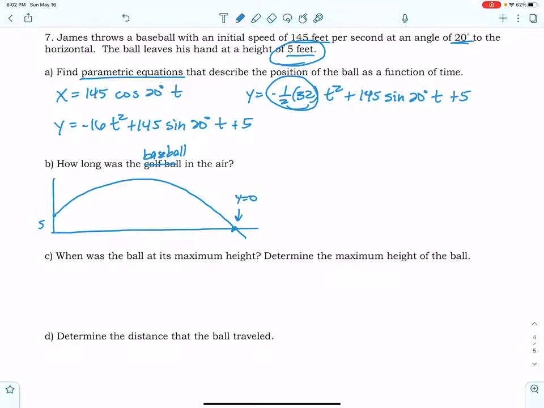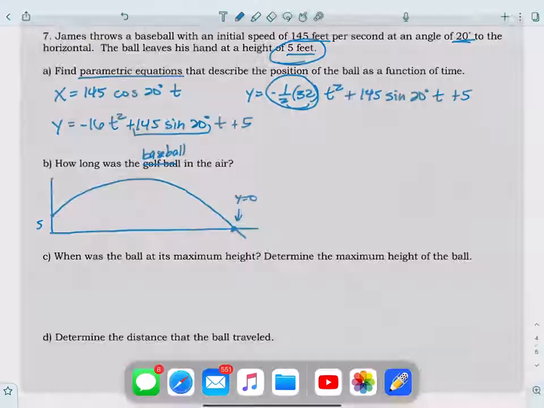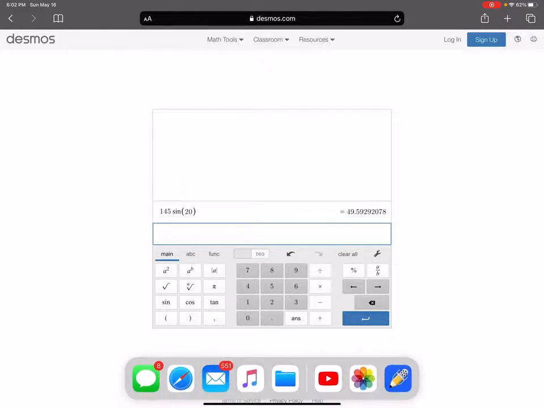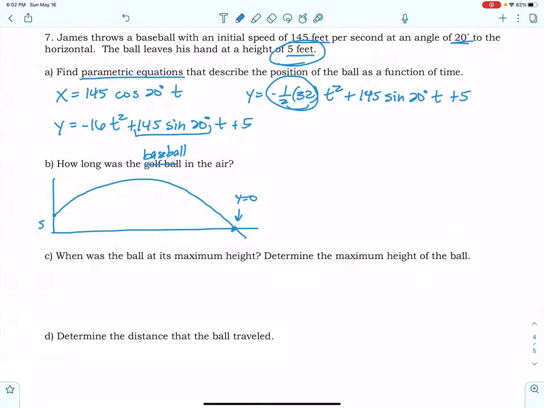All right, now to make this a little bit easier on us mathematically, I'm going to go ahead and find 145 times the sine of 20, so I'm not dealing with so many numbers. So I am going to go to my calculator and type in 145 sine of 20 degrees, and that gives me 49.59. So I'm just going to use that value just to make life a little bit easier.